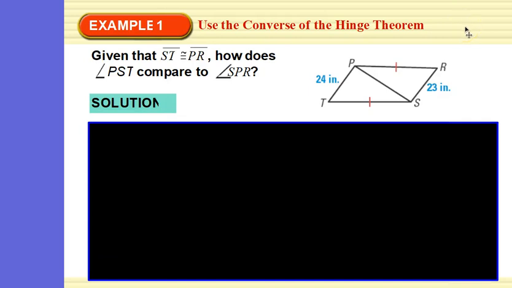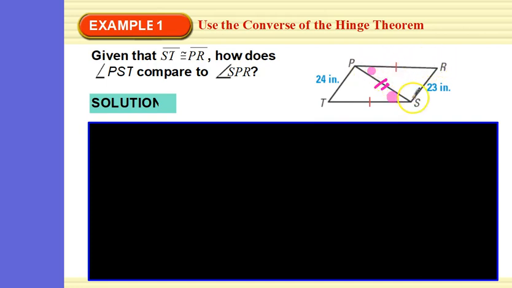All right, so let's go back to here. All right. So, given that ST is congruent to PR, so these two are congruent, right? How does angle PST, so they're talking about this angle right here, compare to angle SPR? Okay, so do you guys see how this is reflexive, right? So we have 1 mark, 2 marks on this angle.